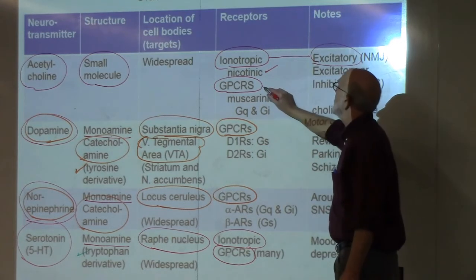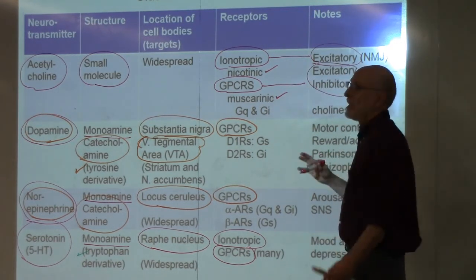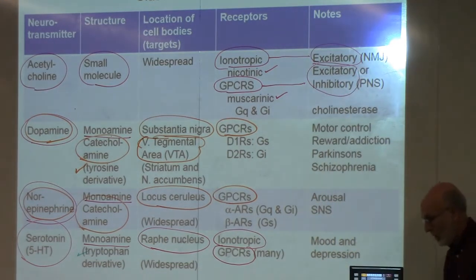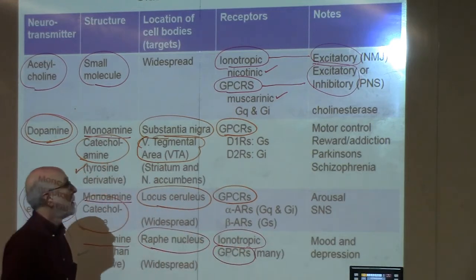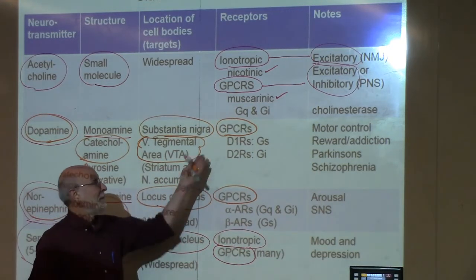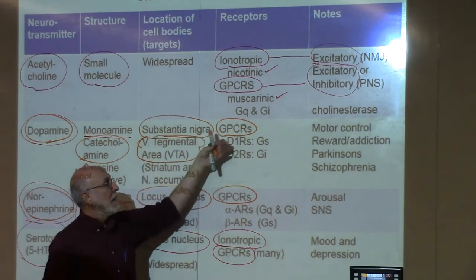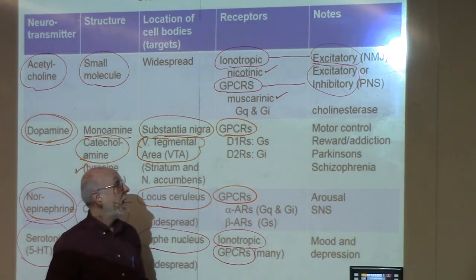Acetylcholine acting on GPCRs can be excitatory or inhibitory, depending. Dopamine receptors can be stimulatory or inhibitory. The letter is right there, so I'm not going to circle that.